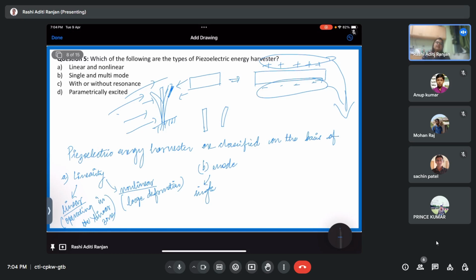And in that case, it is going to be a multi-mode system. Correct? Single mode has 1 omega n, and here it is going to have multiple resonance frequencies. I hope that this is clear.